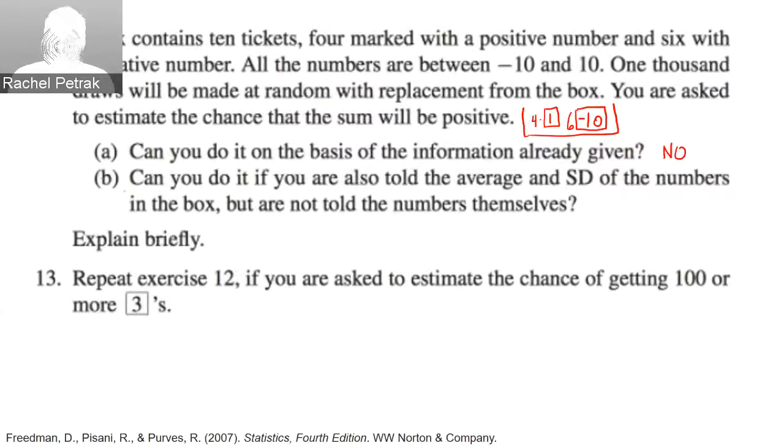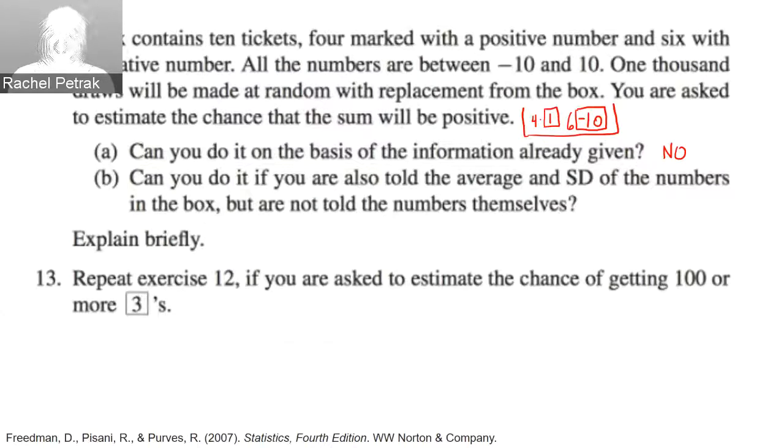Now, in scenario B, can you do it if you are also told the average and the standard deviation of the numbers in the box, but are not told the numbers themselves? Now, this is a completely different situation because if we're told the average and the standard deviation, that gives us an idea of the expected value in the box.